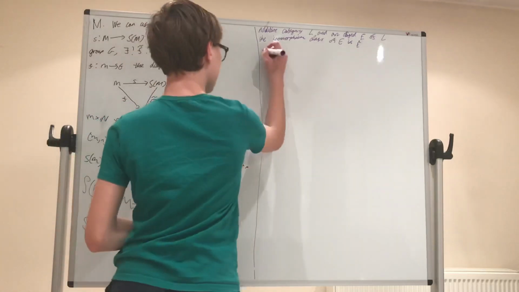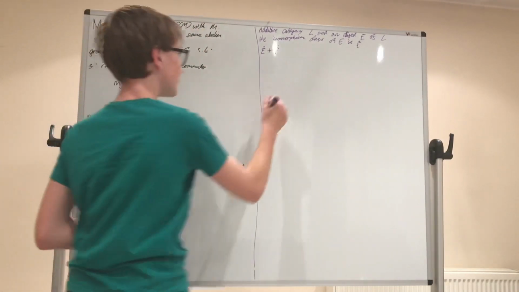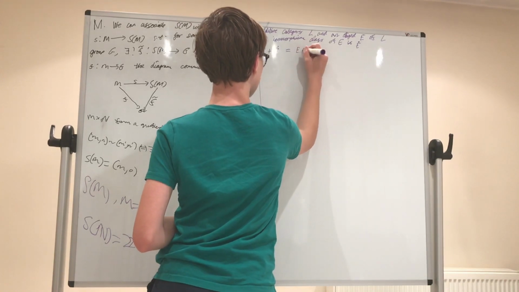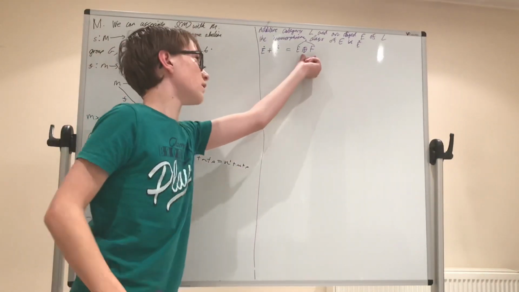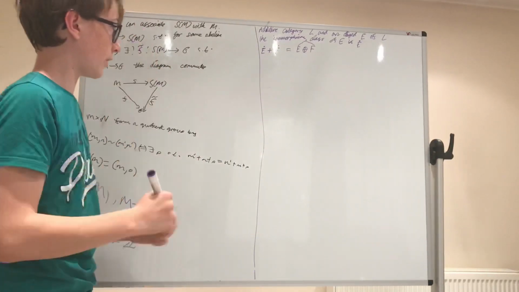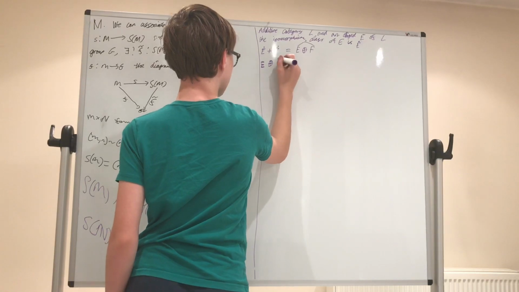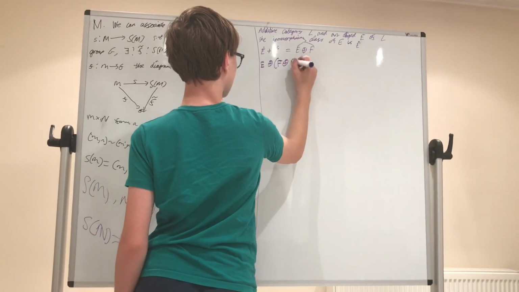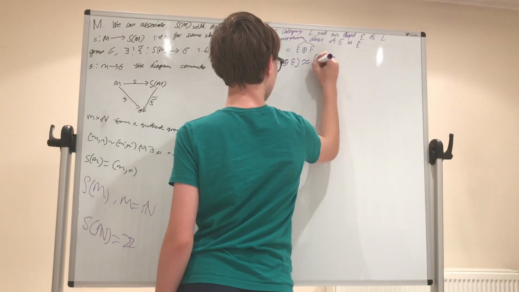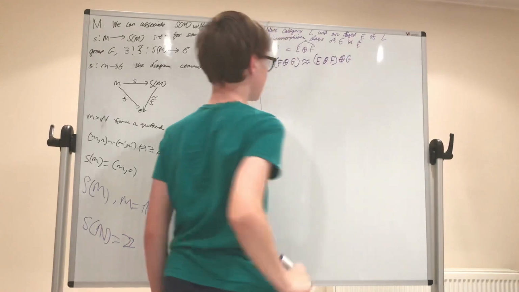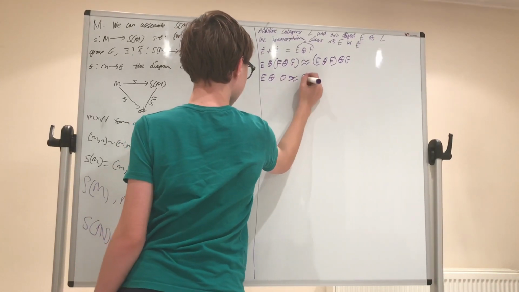If we have the isomorphism class of E plus the isomorphism class of F, this is equal to the isomorphism class of E Whitney sum F. And this is associative because, as you can check extremely easily, E Whitney sum the quantity F Whitney sum G is isomorphic to E Whitney sum F and then that Whitney sum G. And E Whitney sum 0 is isomorphic to E. Okay?